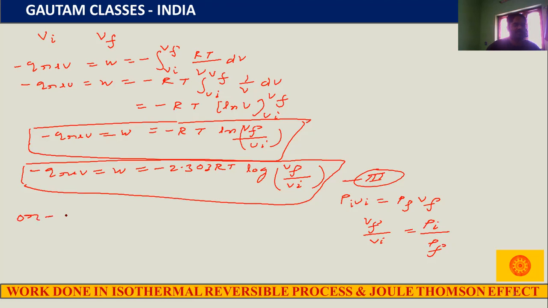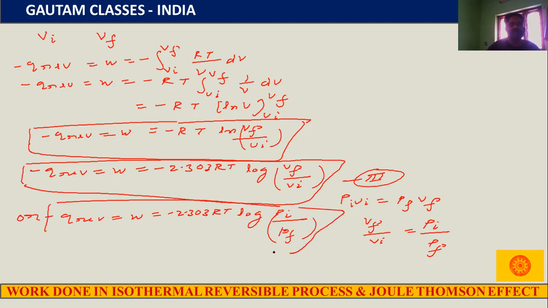We can also write Q reversible is equal to W is equal to minus 2.303 RT log Pi upon Pf. Hope all the students got the idea of how we derive that expression.